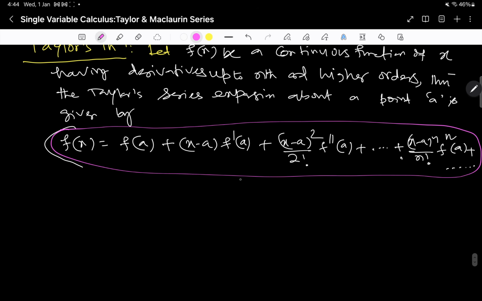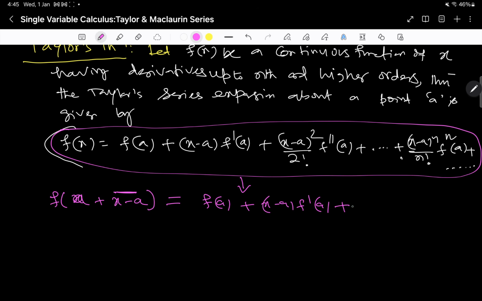If we write x as a plus x minus a, then the right hand side remains the same: f a plus x minus a f dash a plus so on up to (x minus a) to the power n by factorial n f n a plus so on, right?